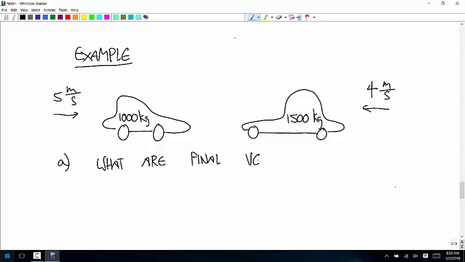What are the final velocities after? First we'll do inelastic, and then I'll do that one, and then you'll go back and do it for elastic.